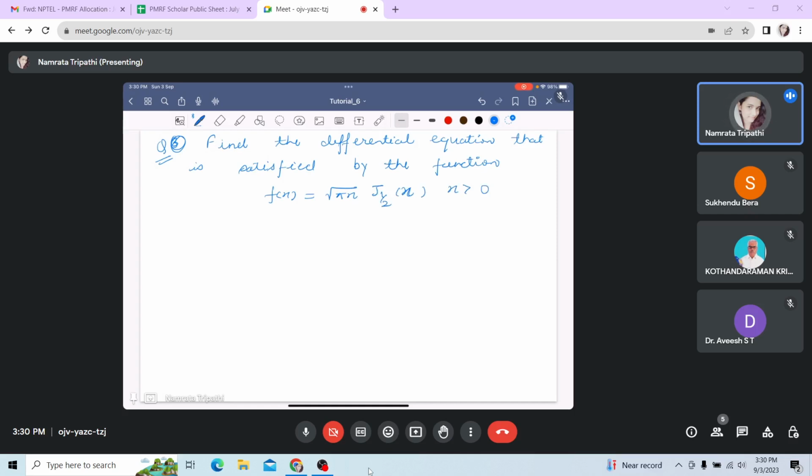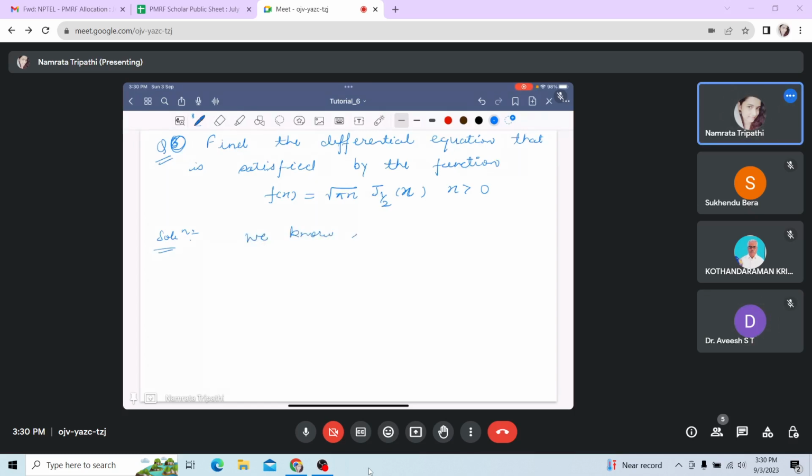Anyone got the answer? We can substitute J of x is equal to square root of 2 by pi x into sin x. Yes. Then the root pi x will cancel. Yes. Root 2 sin x will be remaining, ma'am. Okay, fine. Good.